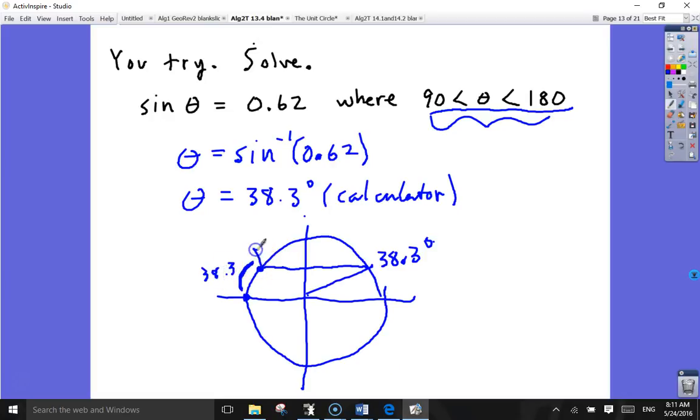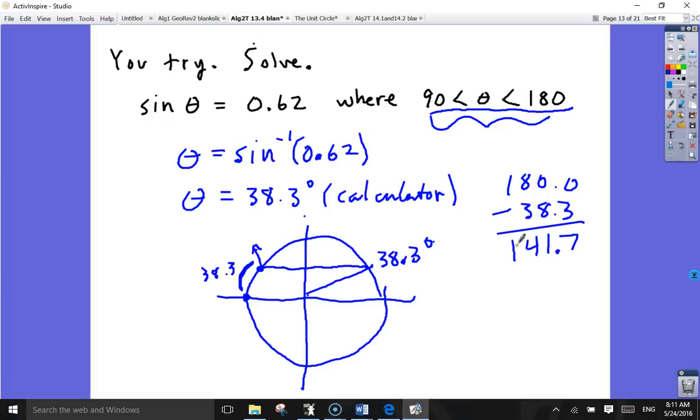So what is the value here? 180 minus 38.3. This way you're going backwards. The one before we were adding, but this time we're going backwards. So we need to go 180 minus 38.3, which is 141.7.